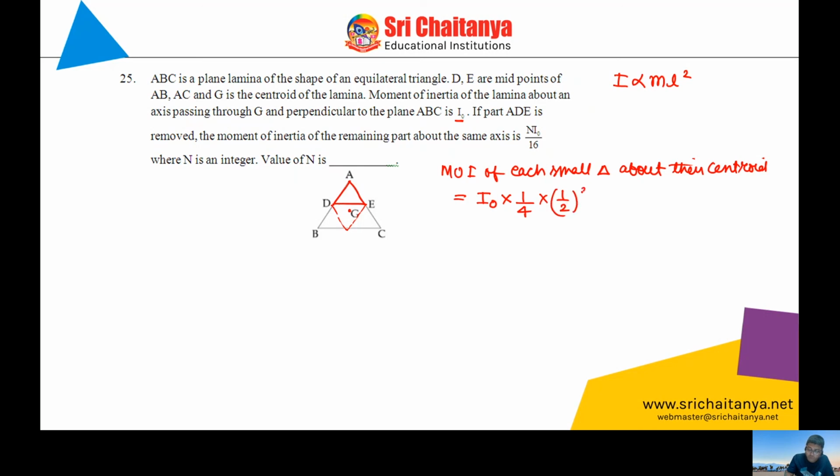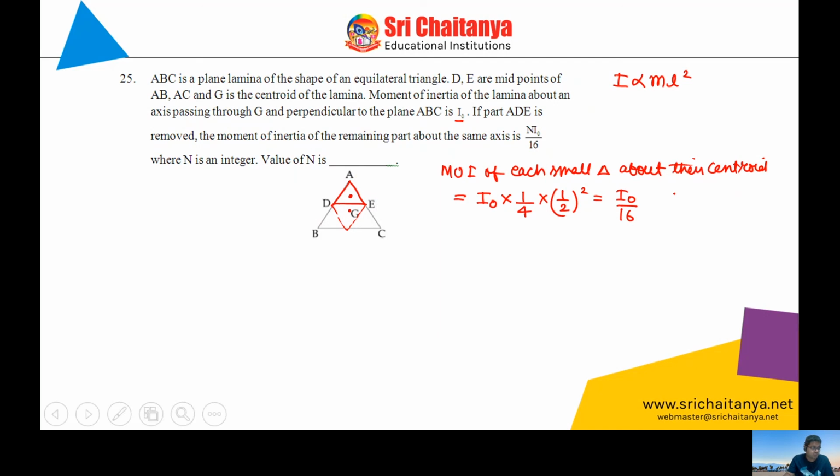So basically the moment of inertia of each small triangle about their centroid will be simply equal to I naught by 16. So ADE will also have moment of inertia about its centroid equal to I naught by 16, but we need the moment of inertia of ADE not about its own centroid, but about an axis passing through G, which is the centroid of the ABC triangle. So we need to do this additionally.